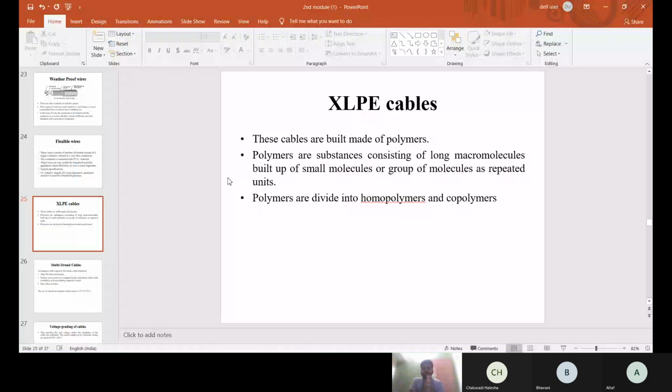Normally these types of cables are preferred in chemical industries, because they should not react with other chemical things. Chemical industries and paint industries use XLPE cables, which do not easily react with other chemicals. So industries like that use XLPE cables.